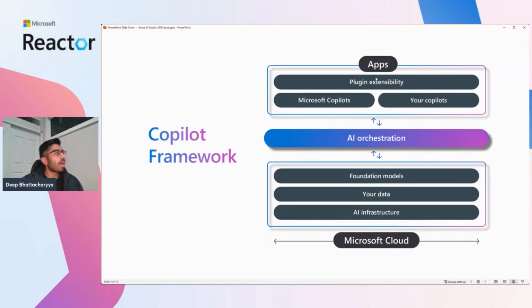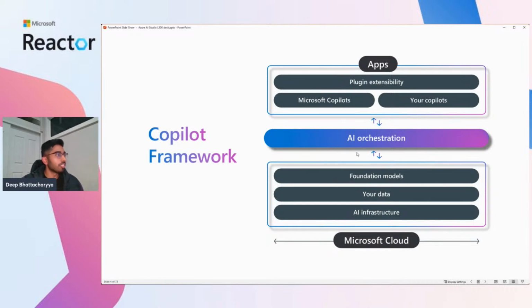In terms of the Copilot framework, I think I showed this slide before. Essentially, what we're focused on is your data and the models here. We will talk a little bit about foundational models. Essentially, we're going to use GPT-4, but you can swap out that model, and Azure AI Studio lets you swap out that model pretty easily.